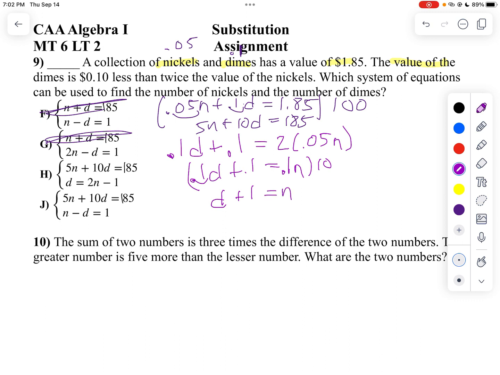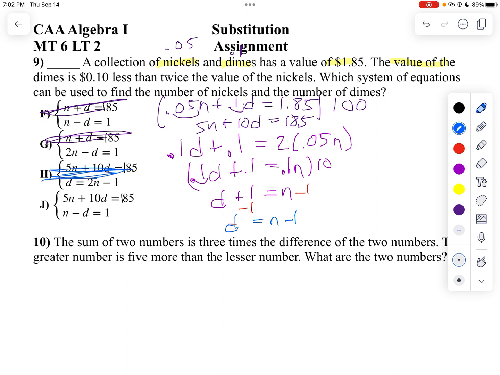Well, d plus 1, I don't have that as a choice, do I? If I get d by itself, I would minus 1 from both sides. So d equals n minus 1. Notice that is not what you have for h, so h is wrong.